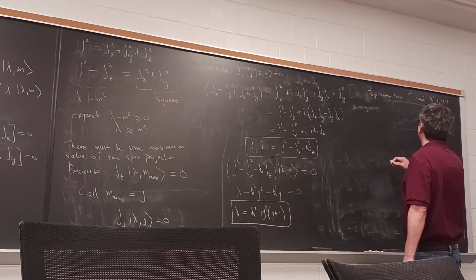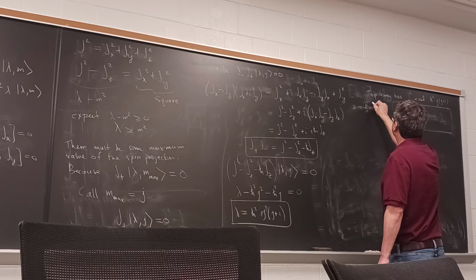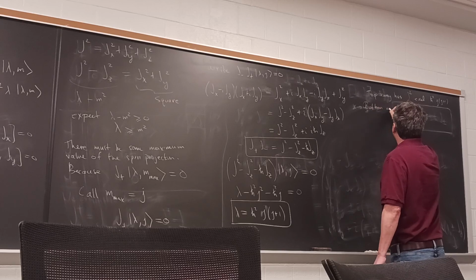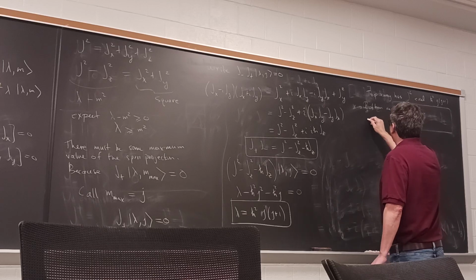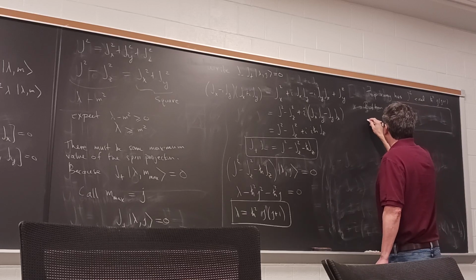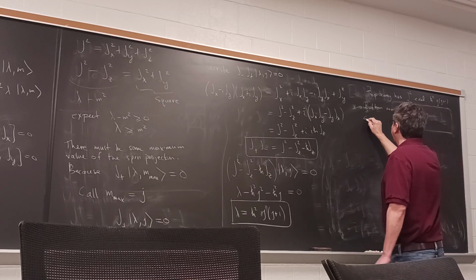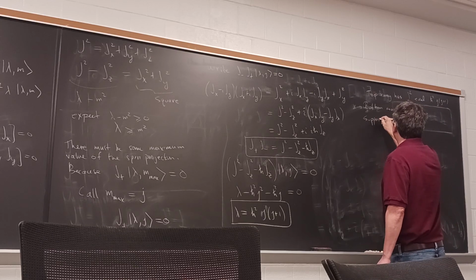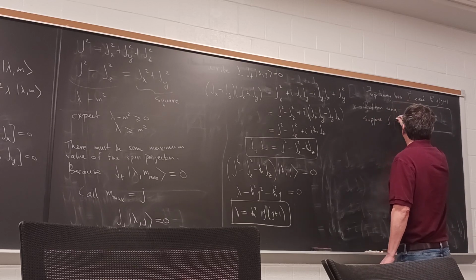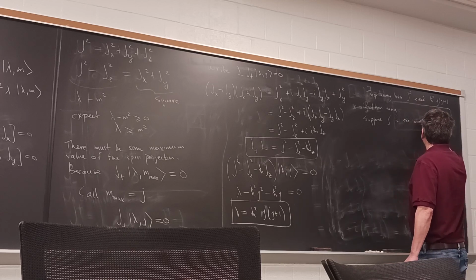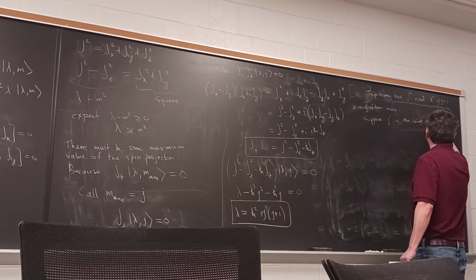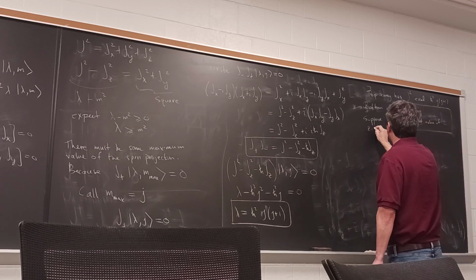And then we have to figure out the bottom rung. Suppose that J prime is the lowest value of the Z projection of spin.